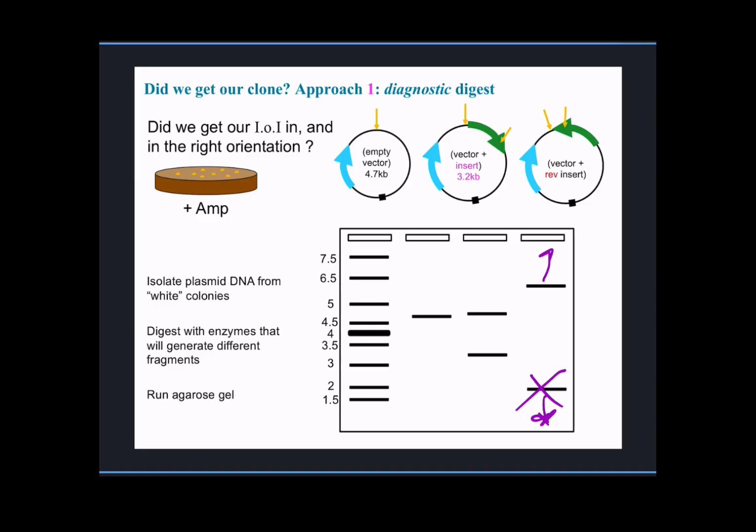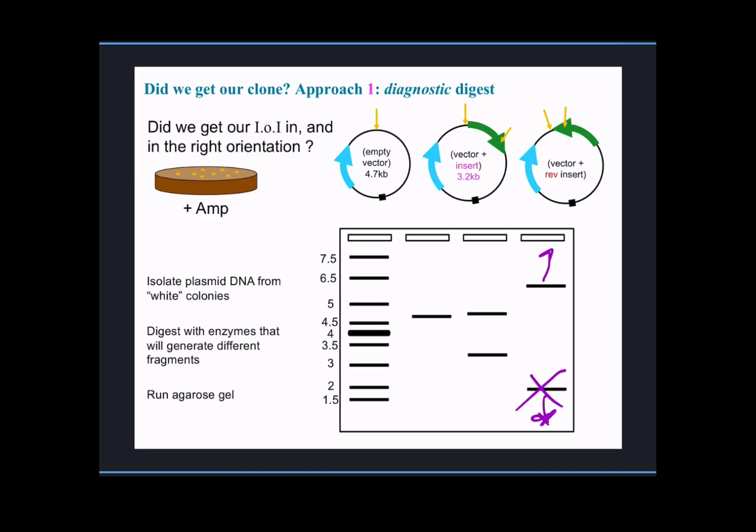So restriction digests can be used not only to clone an insert of interest into a vector, but then also to run some diagnostics, right? To see if the insert of interest went into your vector in the right orientation, we can run what are called diagnostic digests. Okay?